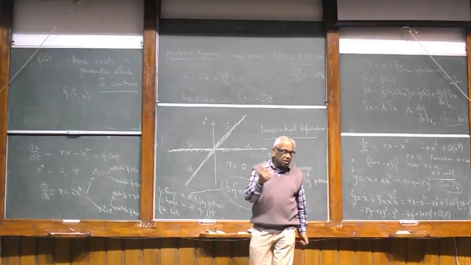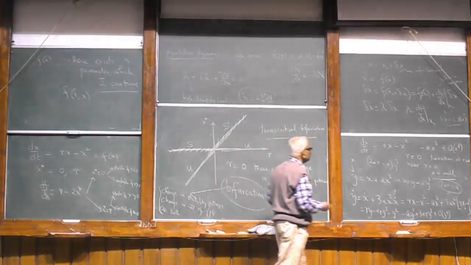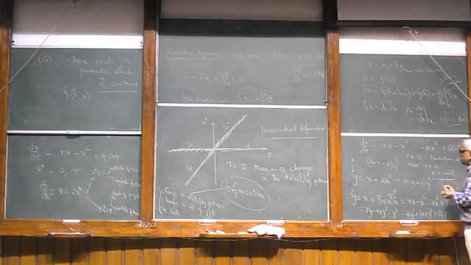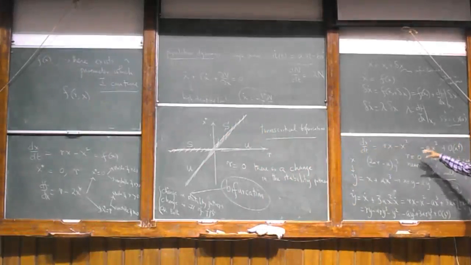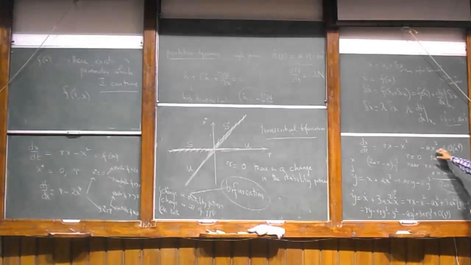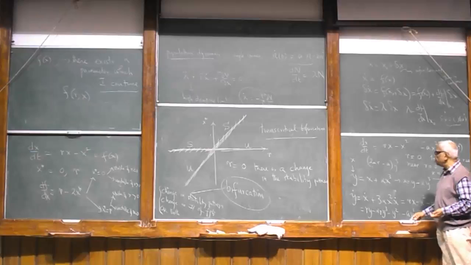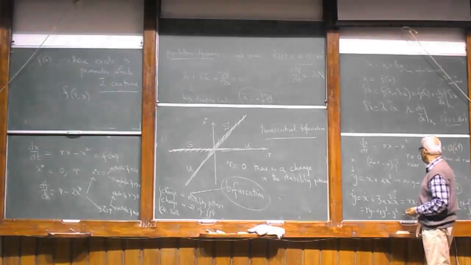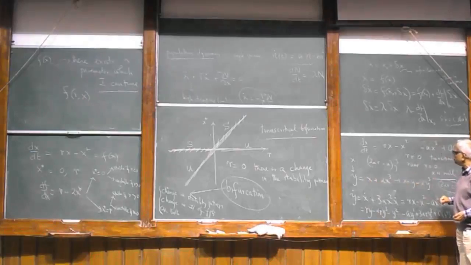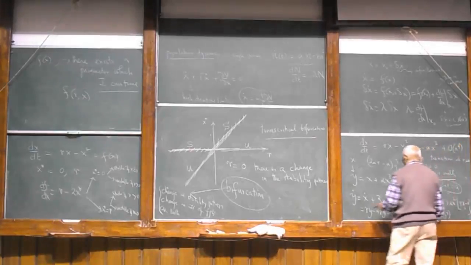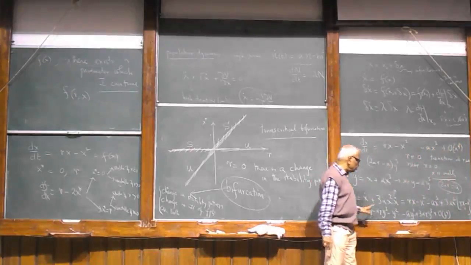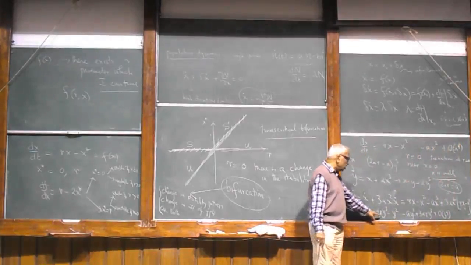So what I am telling you is that if I have x dot equal to rx minus x squared, and I add in higher order terms like x cubed plus order x4, then a transformation of this variety, y equal to x plus alpha x cubed, lets me choose my alpha in order to cast this equation as y dot equal to ry minus y squared.